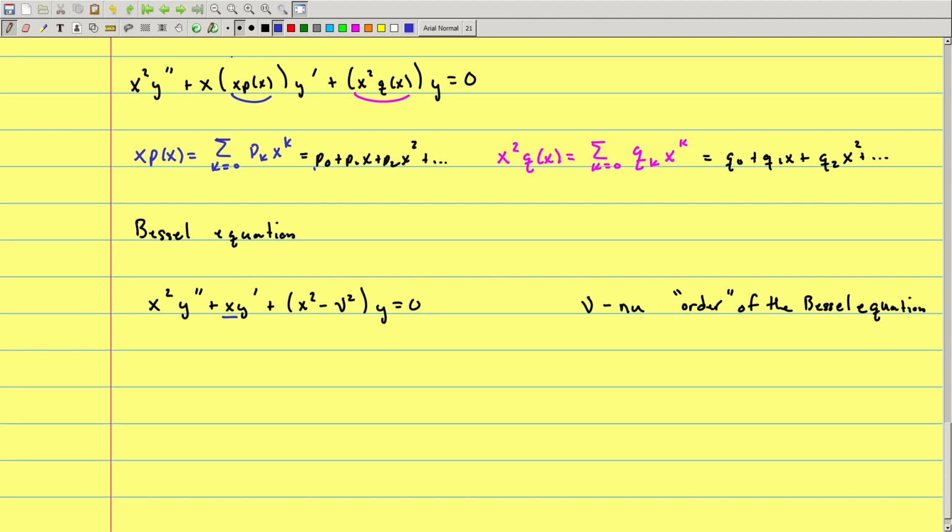Okay? What that tells me is that for the Bessel equation, x times p is equal to 1, and that means that the power series for this expression looks like this. So p of 0 is equal to 1, and then pk is equal to 0 for k greater than or equal to 1.